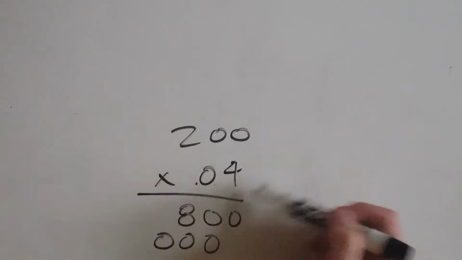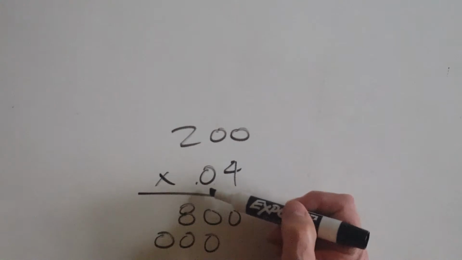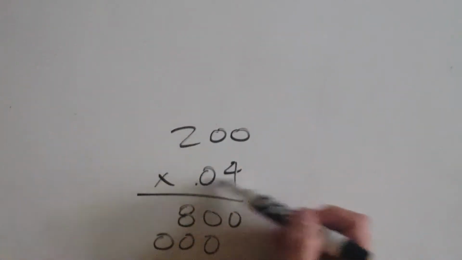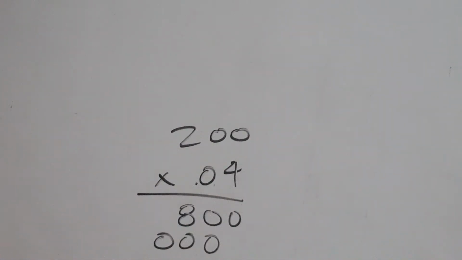Okay, we count all the digits that are right of the decimal place. 1, 2, there's none up there, so 2 total. Our decimal place is right there in our answer currently. We move it over 2 so that we have 2 digits to the right of the decimal, just like we had up there. Those look like eyes. So that's 8, right? Okay, so there we go.